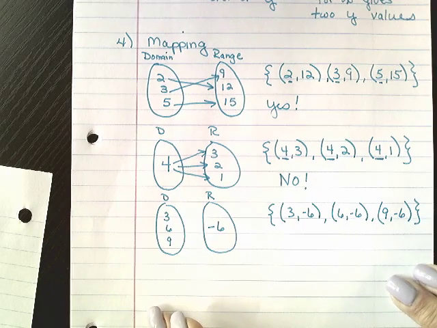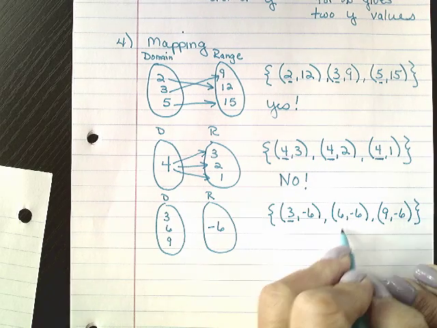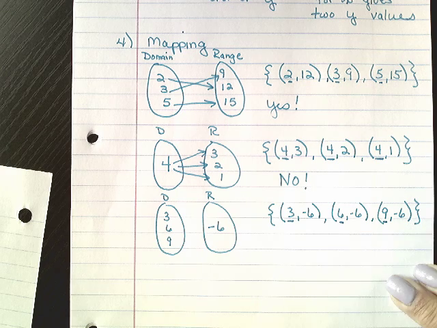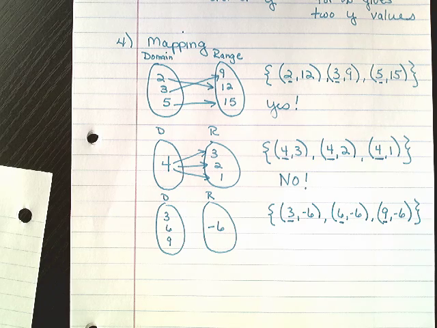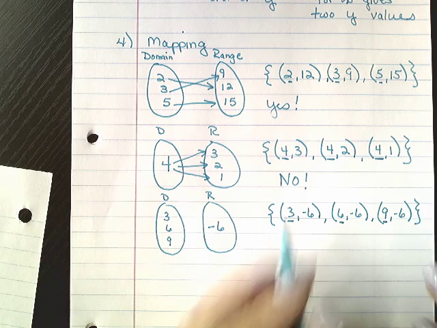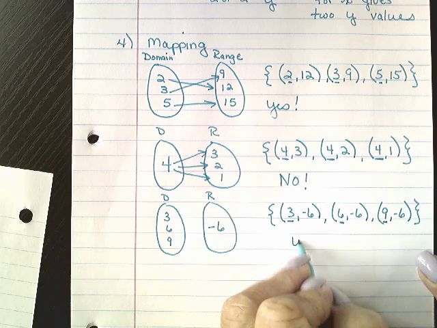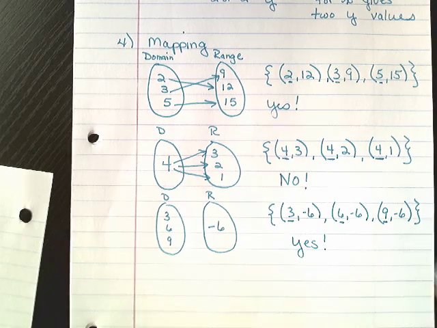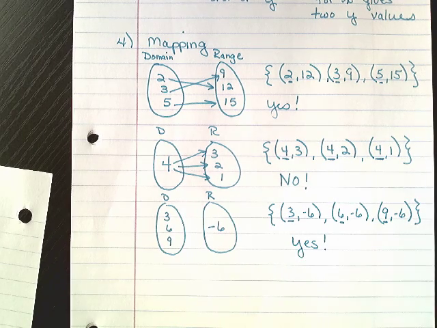Once again, underline your x values. I have 3 different values for x. Doesn't matter what y is. It is important that the x not be repeated. Since I am not repeating x, then this would be yes. This is a function.